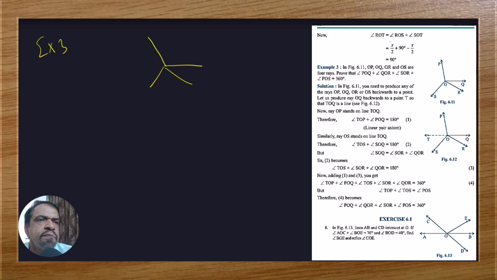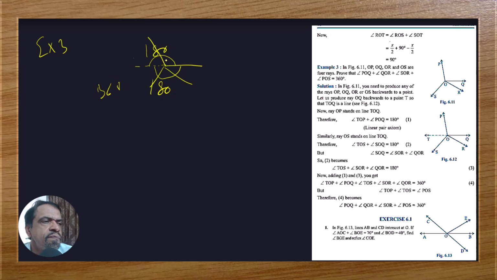Now see example 3, I am explaining it in very easy steps, and this question needs a line construction. We have to prove that the sum of all angles is 360 degrees. On this side it is a linear pair, 180, and on this side angles on a straight line, 180. So the total sum will be 360.